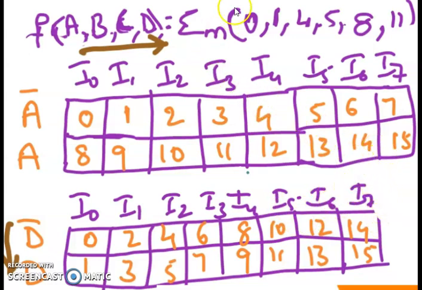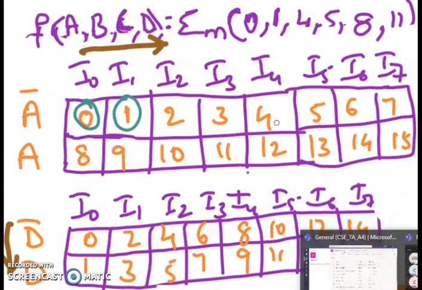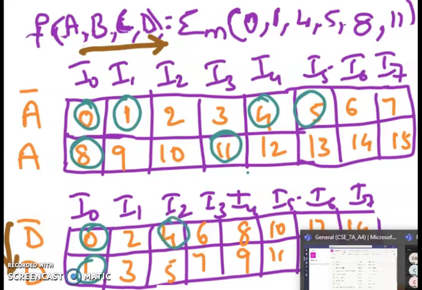Now, what are the minterms given? 0, 1, 4, 5, 8 and 11. Put a circle for those minterms.